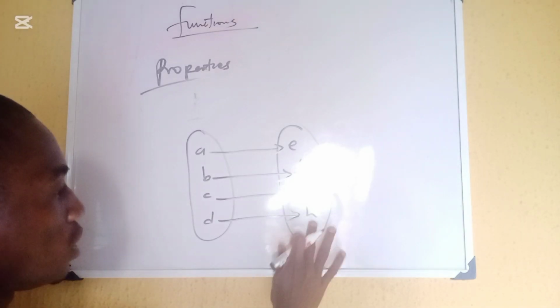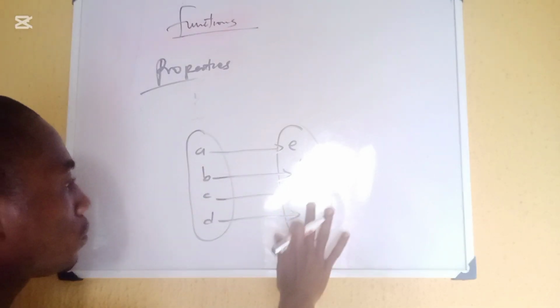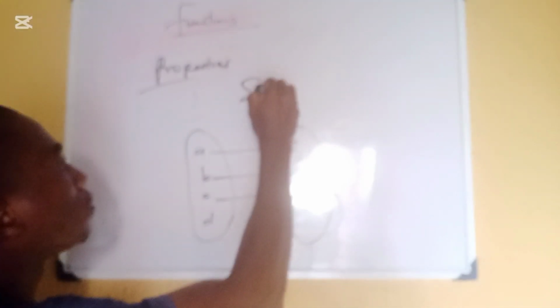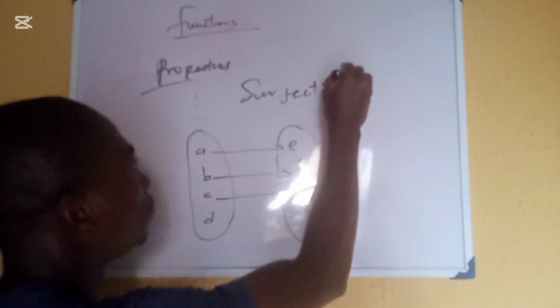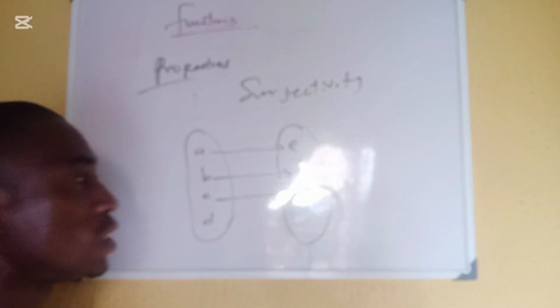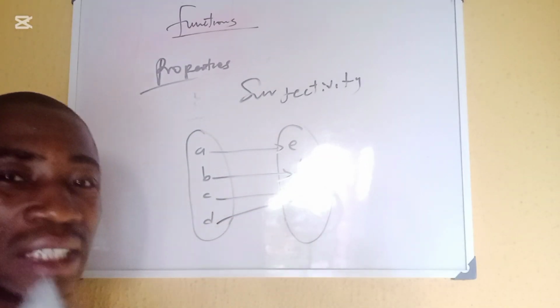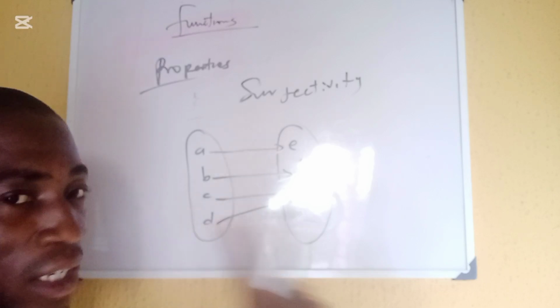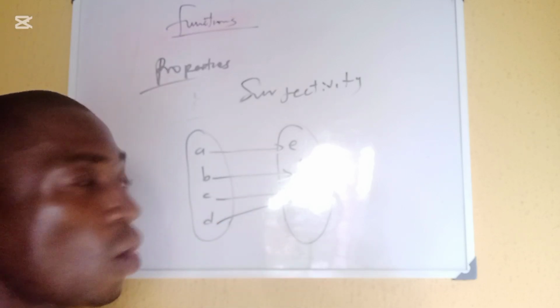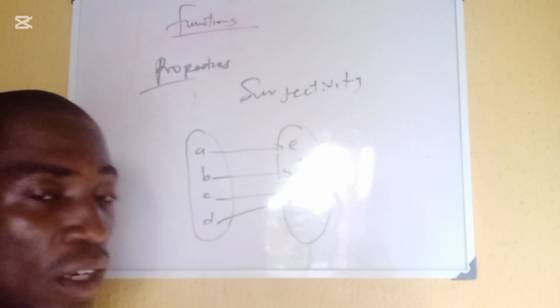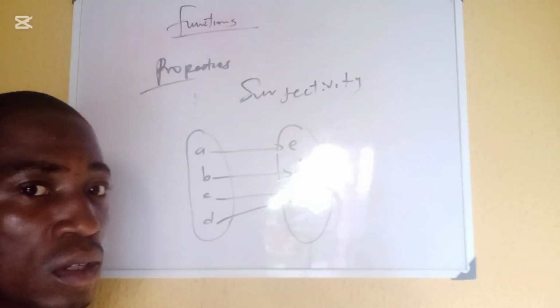Now, in the case of surjectivity, all the output values must have at least one input value assigned to it.